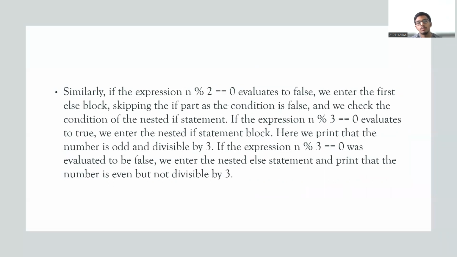Similarly, if the expression n % 2 == 0 evaluates to false, we enter the first else block, skipping the if part as the condition is false, and we check the condition of the nested if statement.